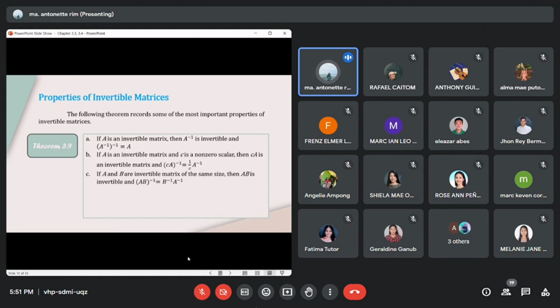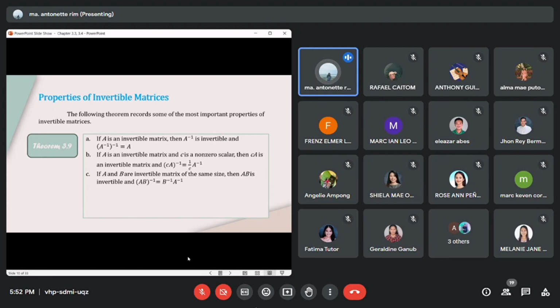Next theorem is if A and B are invertible matrices of the same size, then AB is invertible, and the inverse of AB is the same as B inverse multiplied by A inverse.